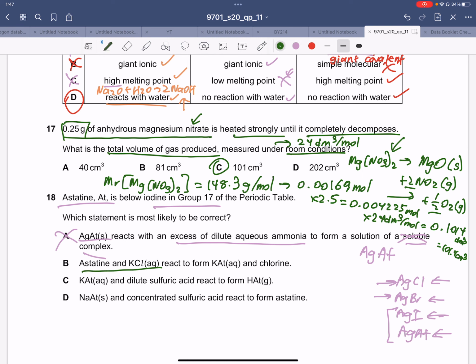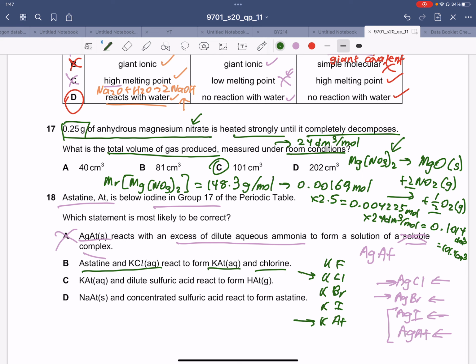Astatine and KCl react to form KAt and chlorine. So this is basically asking about the halogens' property of substituting. This actually won't happen because, looking at F, Cl, Br, I, and in this case At, whenever you have a salt, so KF, KCl, KBr, KI, and KAt, if you were to put in an element that's above the halide in the salt, it will actually substitute.